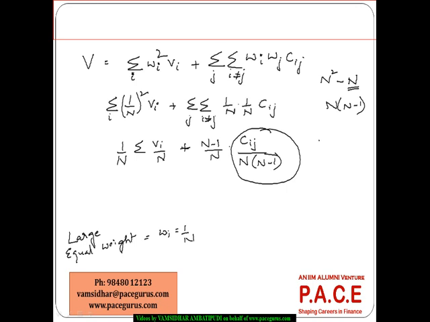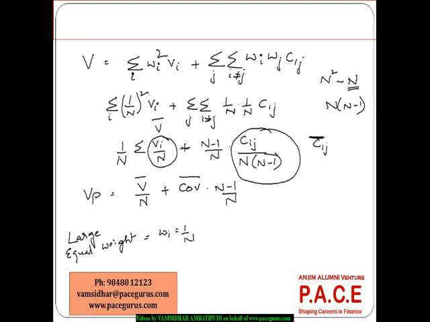So this gives me the average covariance, and this is giving me the average variance. So the variance of the portfolio will become average variance divided by n plus average covariance times n minus 1 by n.